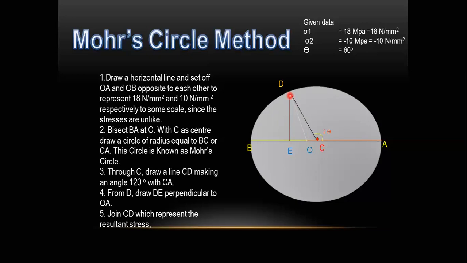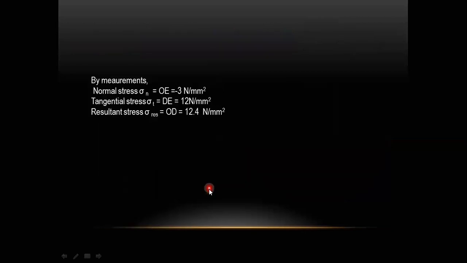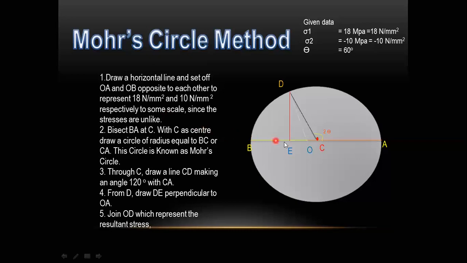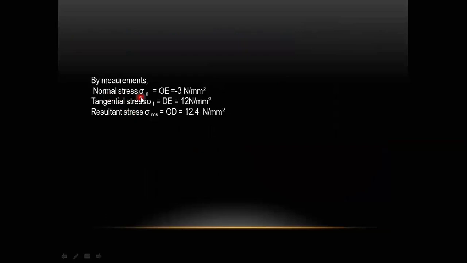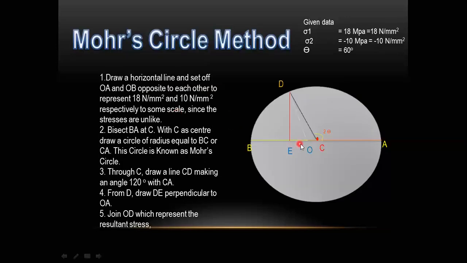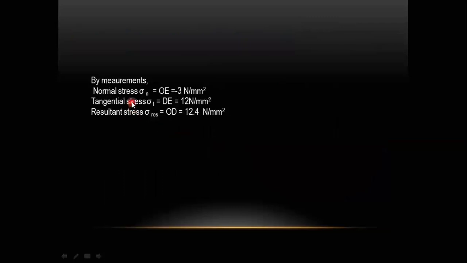After drawing these lines, we can easily find the normal stress as well as the tangential stress by using measurements. First, the normal stress: we measure the distance O to E, from the origin to E. That is the normal stress.